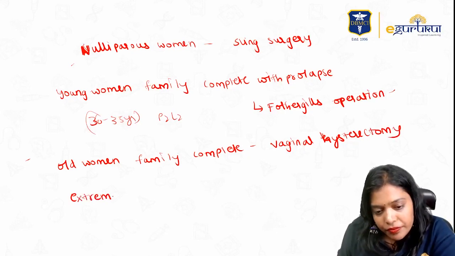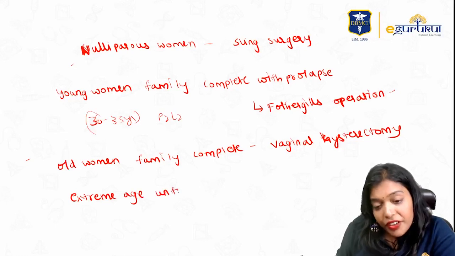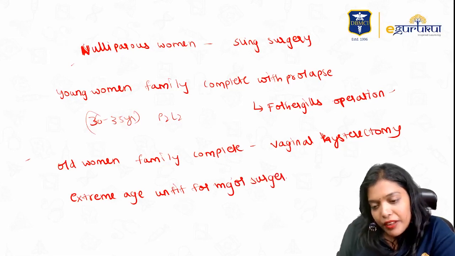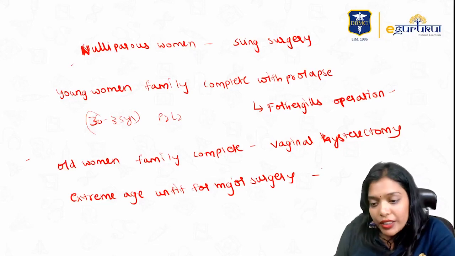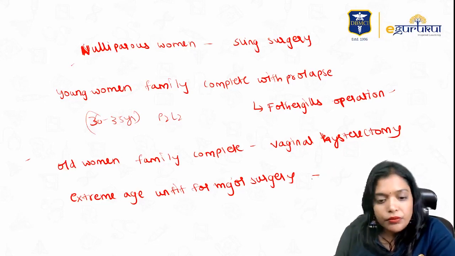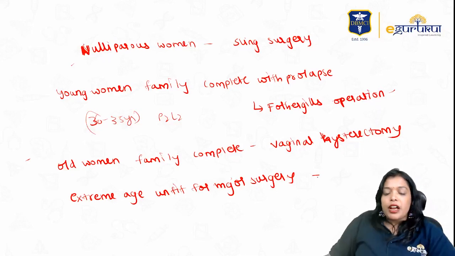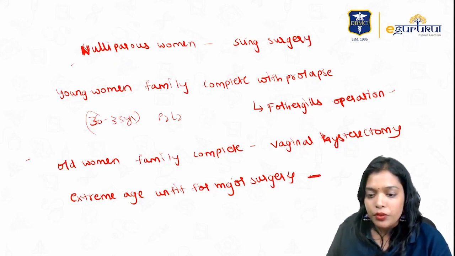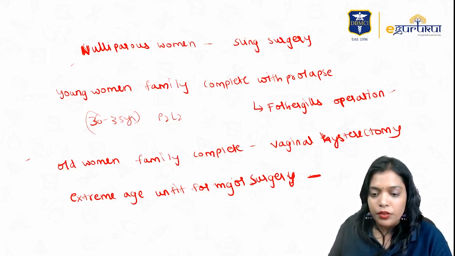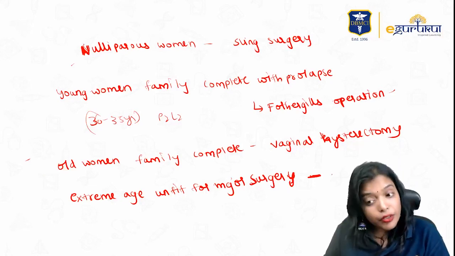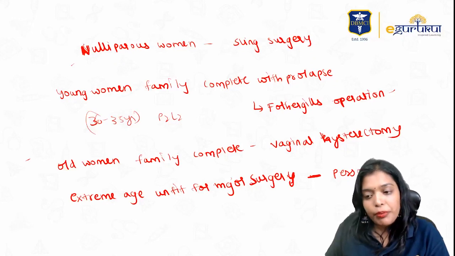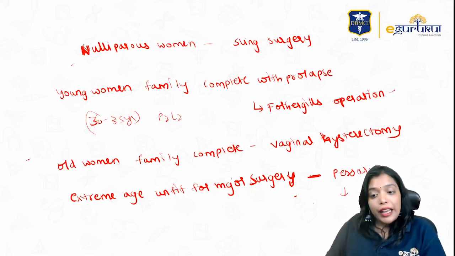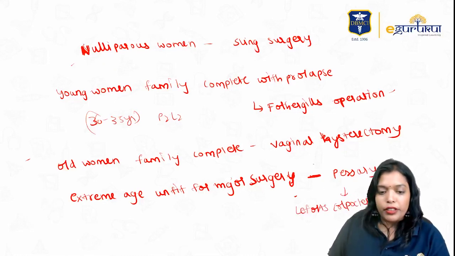If extreme age, unfit for major surgeries, like in the case we have just discussed, first you try with a pessary. If the pessary does not help, then you will go for Le Fort's colpocleisis.